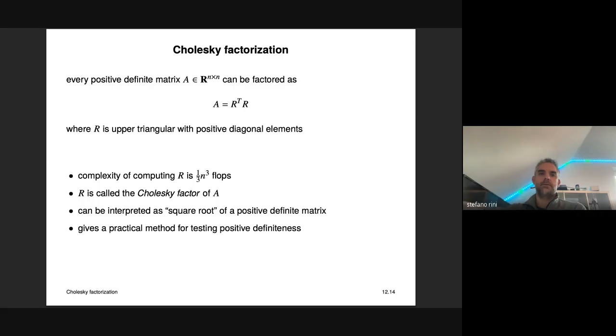Okay, now Cholesky factorization. What turns out from the math is that every positive definite matrix A, which is square, can be factorized as A equals R transpose times R, where R is an upper triangular matrix with positive diagonal elements. Okay, so this is nice. The complexity of computing R is 1/3 n cubed flops.